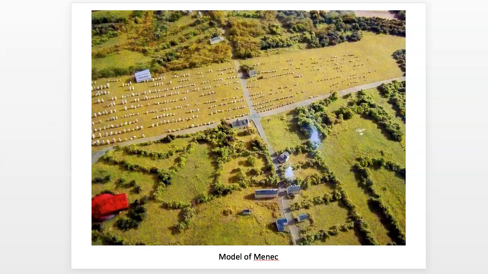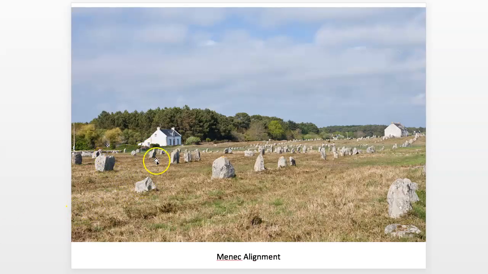There are about 3,000 prehistoric standing stones here, and they were hewn out of local rock quarries, but they're not very shaped. A lot of them are still pretty natural looking, not shaped into squares, as we'll see. They're unhewn. This is what it looks like in person.